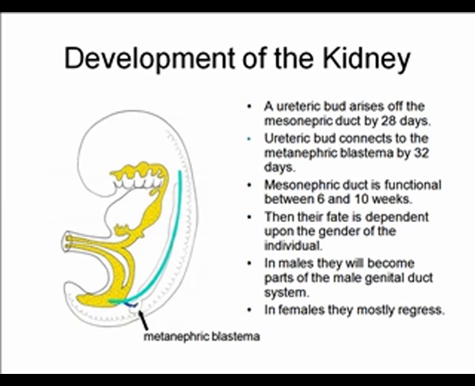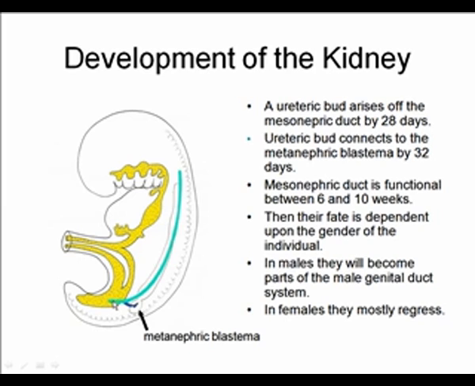The ureteric bud is going to connect to the metanephric blastema during development. And there will be an epithelial mesenchymal interaction that occurs that we're going to talk about in a moment. So basically what we have at this point then at about 28 days is a mesonephros and a mesonephric duct.